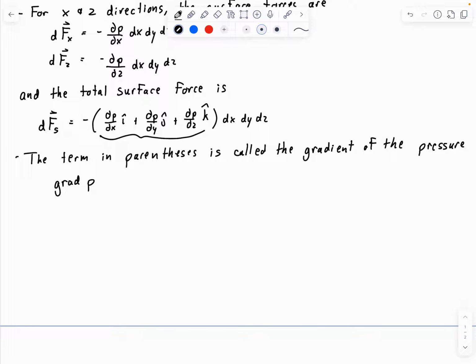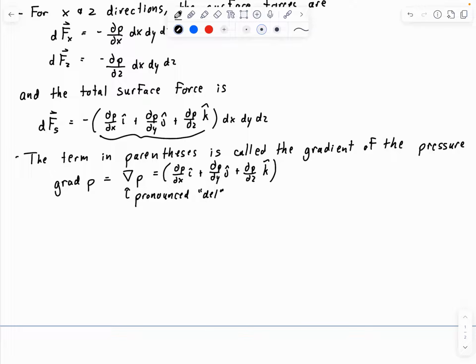So GRAD stands for gradient. But oftentimes you'll see it written in this notation with an upside down triangle, which is the symbol for del. So this is pronounced as del. And that stands for the gradient. And so we can write this out as del p by del x of i plus del p by del y of j plus del p by del z of k.